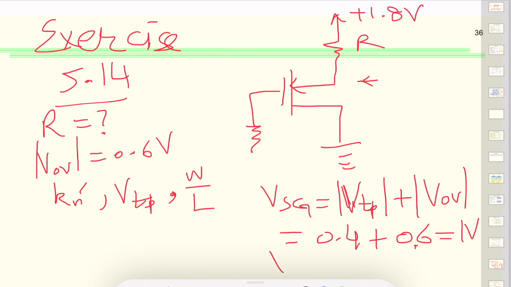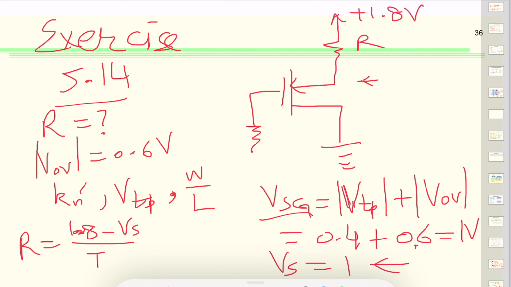So the source voltage is 1 as the gate is at the ground. So that's the difference, and that's the voltage which is at the source. Now to find the resistance, we need to find the drain current. So we can plug into Ohm's law, where we get the voltage across the resistance, which is the 1.8 power supply minus the source voltage, divided by ID.